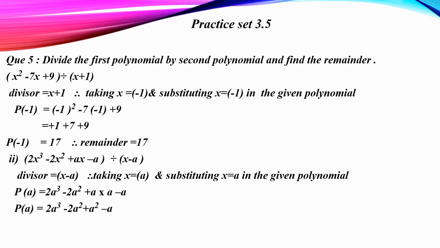Therefore, p(a) is equal to 2a cube minus 2a square plus a square minus a. Solving we get p(a) is equal to 2a cube minus 1a square minus a. Therefore, the remainder will be 2a cube minus 1a square minus a.